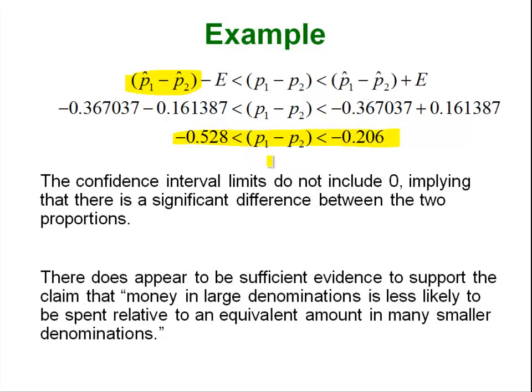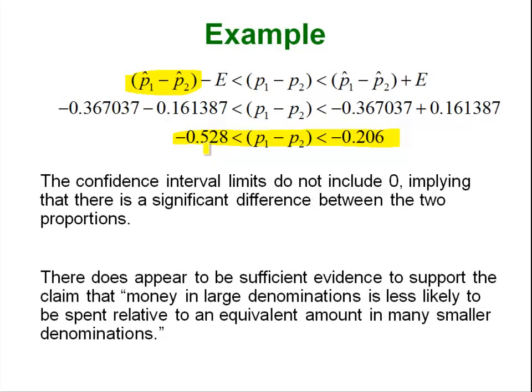So that means that based on our statistics, the difference between those two populations should be somewhere between 0.53 basically and 0.21. The negatives don't matter. The only reason they're negative is because in this case, p1 hat minus p2 hat gave you a negative, because more people in the second group ended up spending their money.